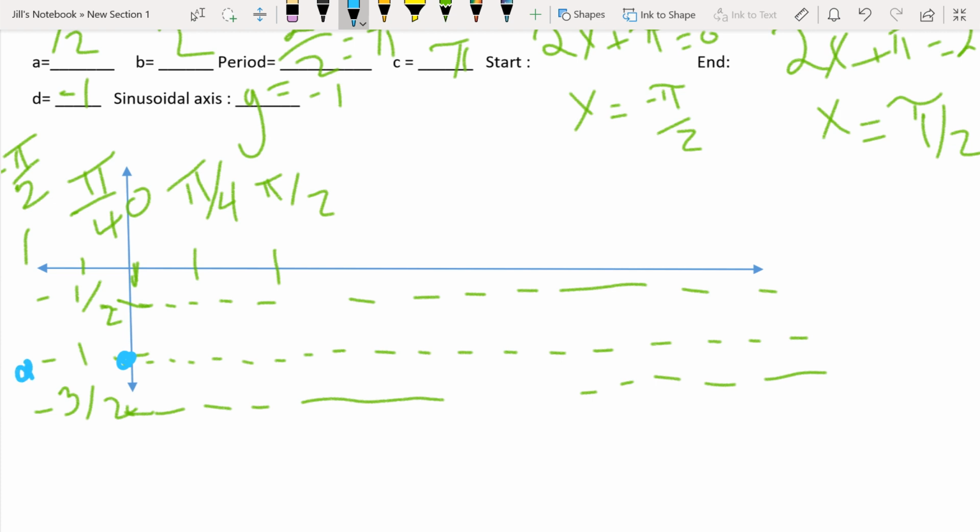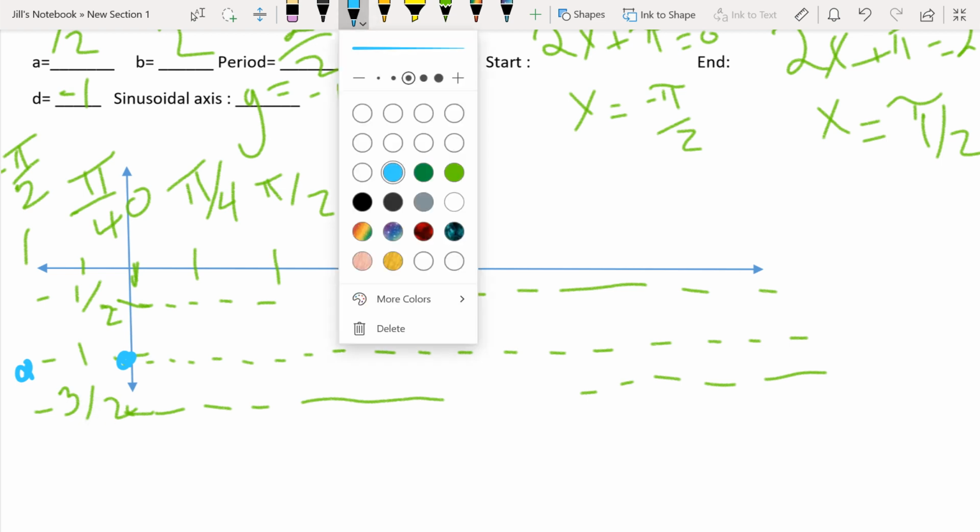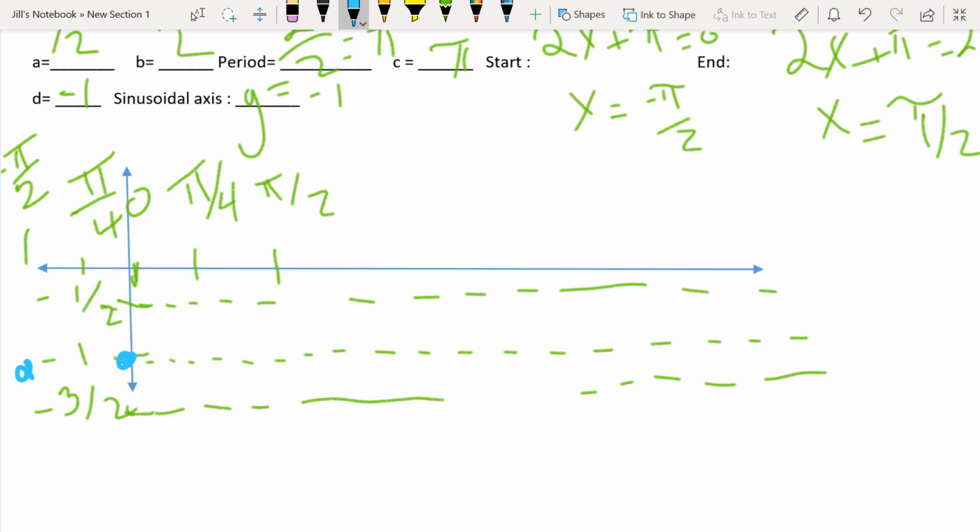It goes to the low point at negative pi over 4. It goes back to the middle, then to the high point at pi over 4, and then to the middle at pi over 2. So there's a reflection of a sine wave.